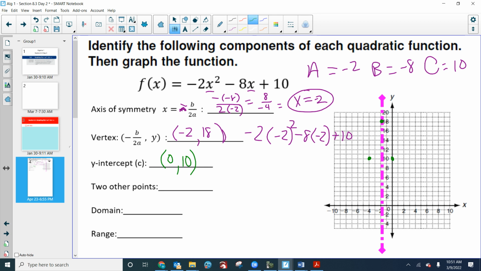Because isn't it easy to do? So my other point, my first one's going to be 1, something. So let's put 1 in here. And you guys should be writing exactly what I'm writing. We're plugging 1 in for x.